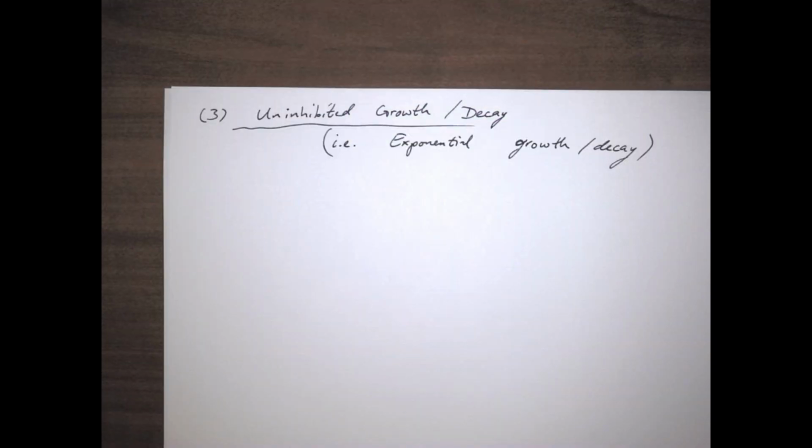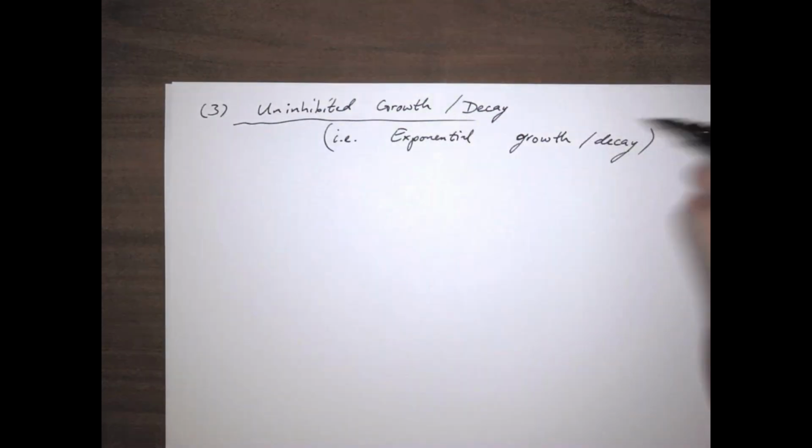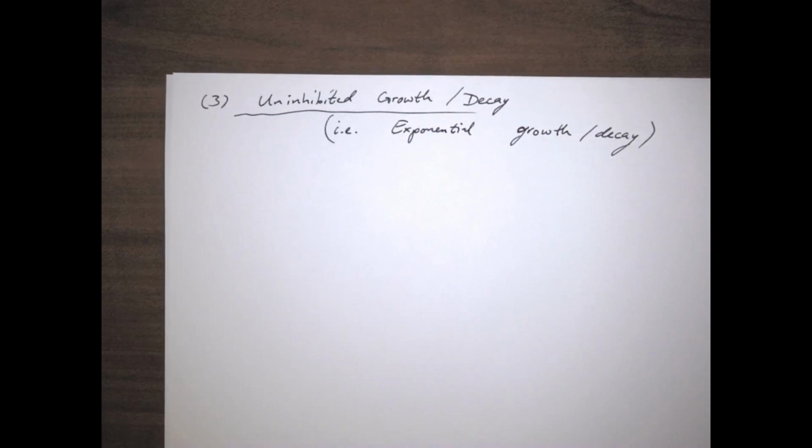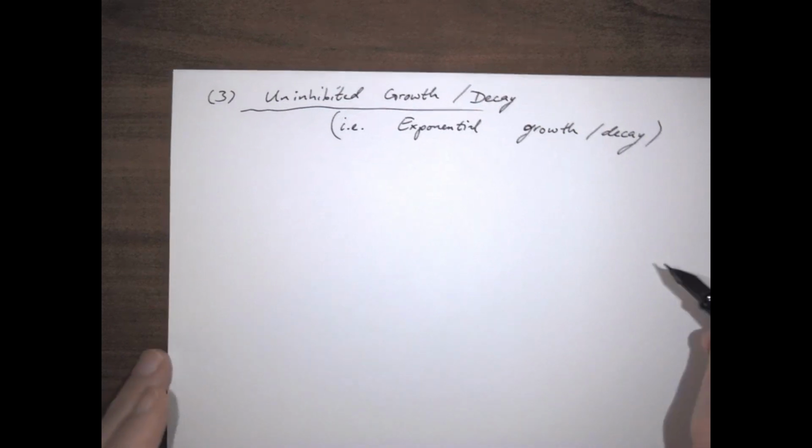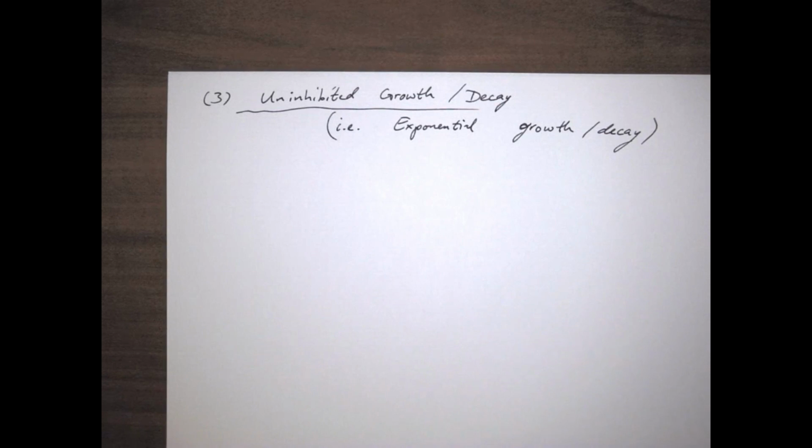Sorry about that. The camera cut out for a second. So I was saying exponential growth/decay. In the case of exponential growth, this is the kind of thing you might see with a population, at least for some period of time. And in the case of decay, it would be, for example, radioactive decay, the loss of mass of a radioactive substance.